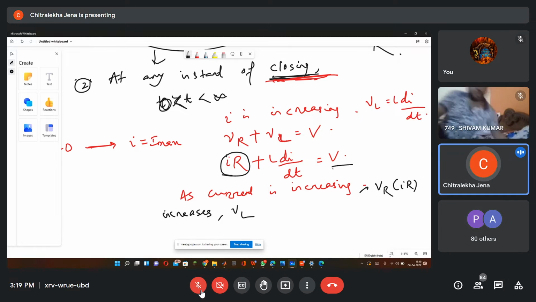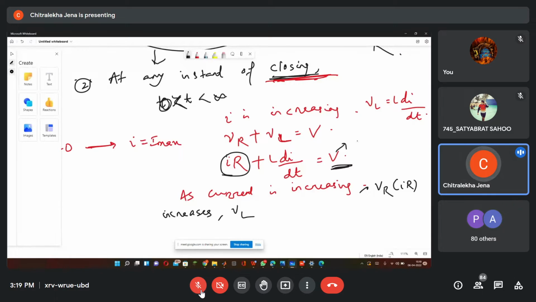So what about VL? Because my V is constant, right? If this factor is increasing, what happens to this one? In order to maintain V constant, this will decrease.